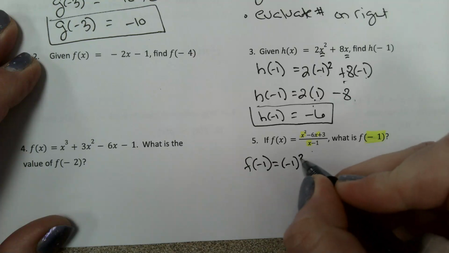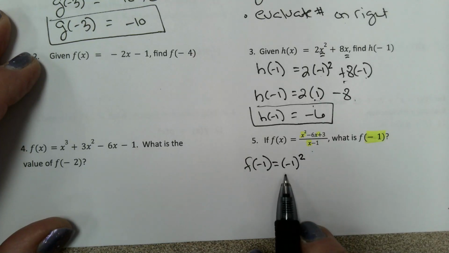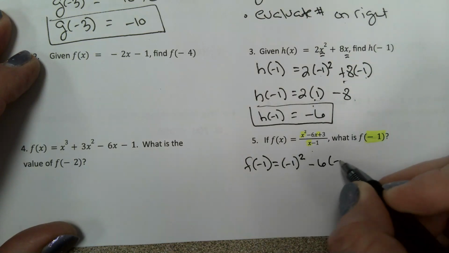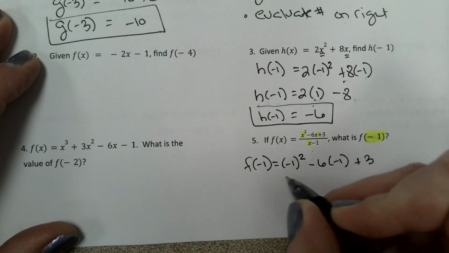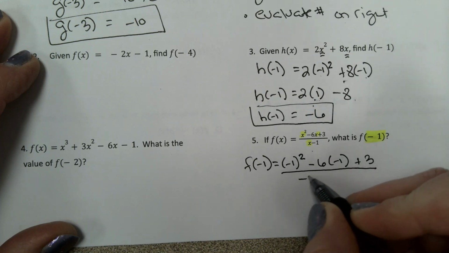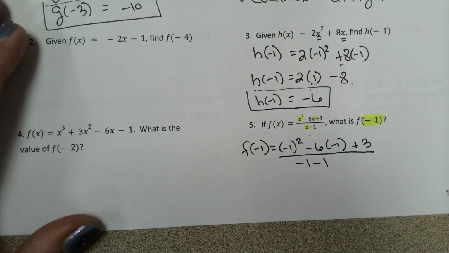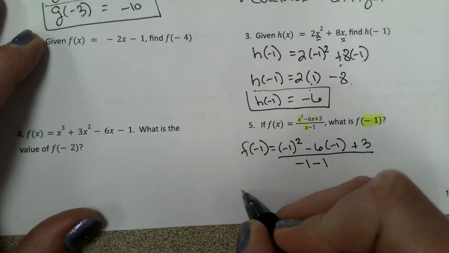If you're plugging in a negative and you're about ready to square it, you have got to put parentheses around it. That is the number 1 thing that you should have learned. Over -1 minus 1. So here's what it looks like on step 1 with direct substitution.